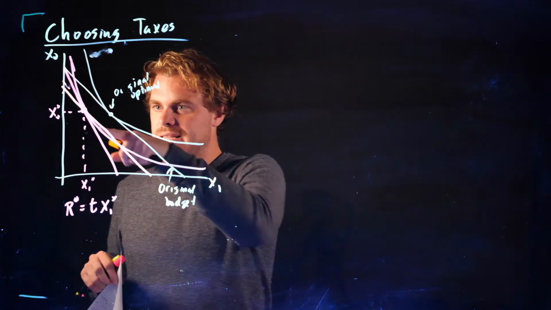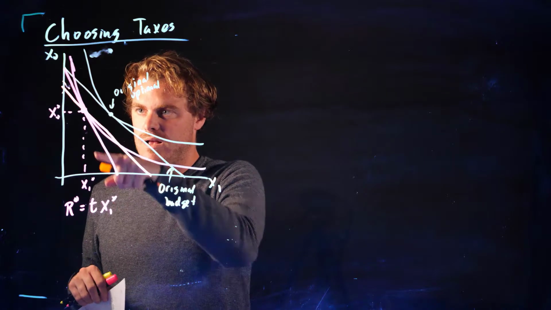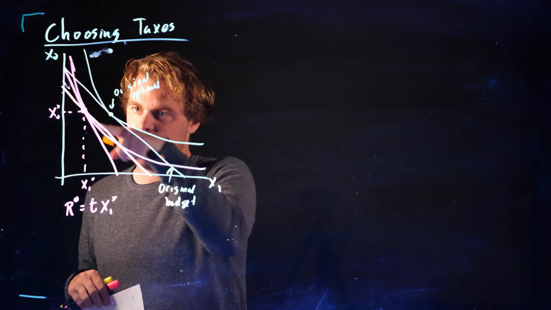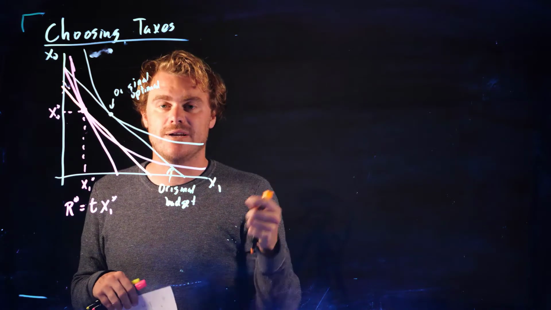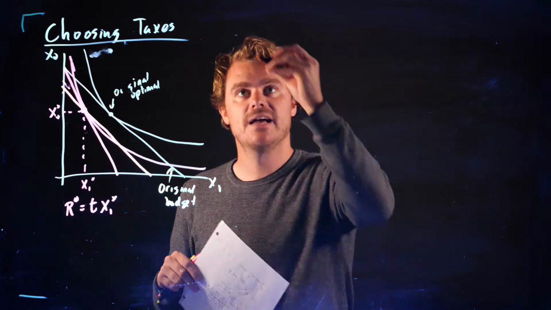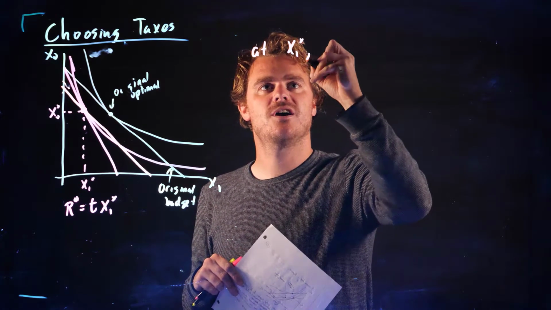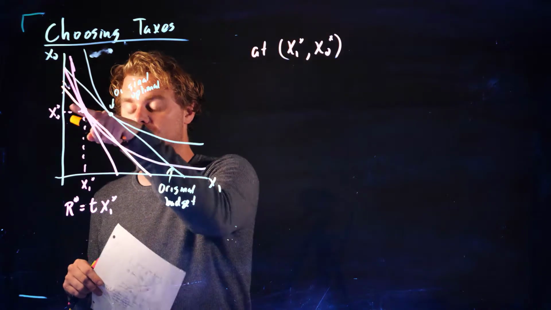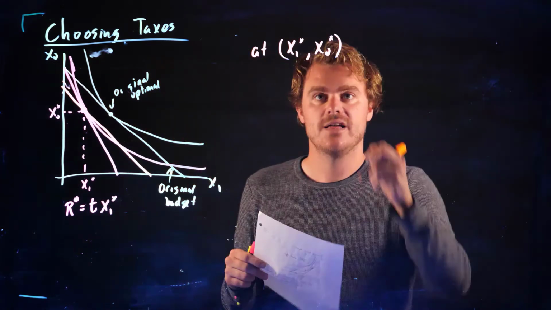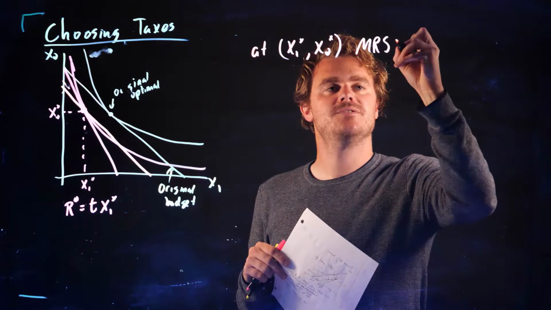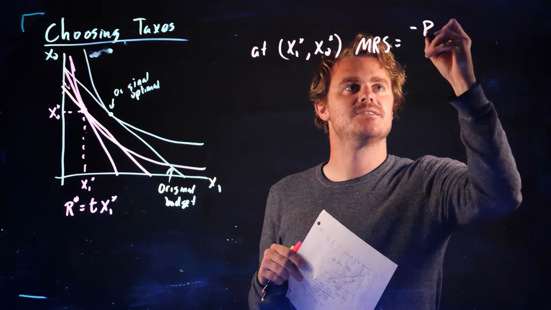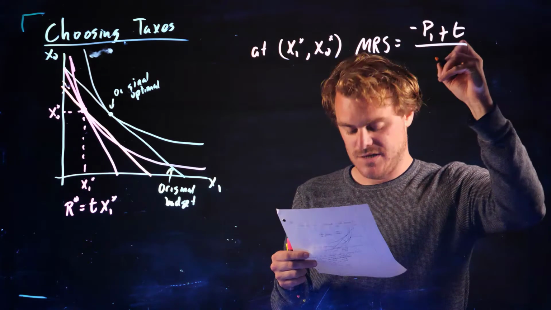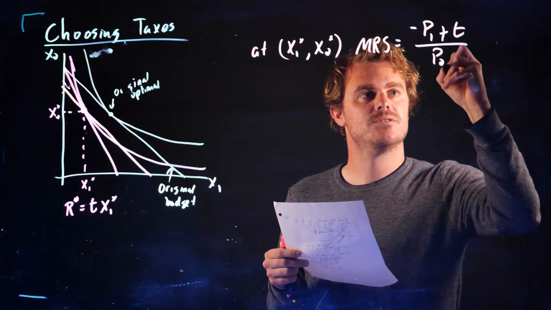But notice that the slope of the indifference curve at this optimal point is different, in the sense that at X1 star, X2 star, at this optimal point under the quantity tax, the marginal rate of substitution is minus P1 plus the tax over P2, right?